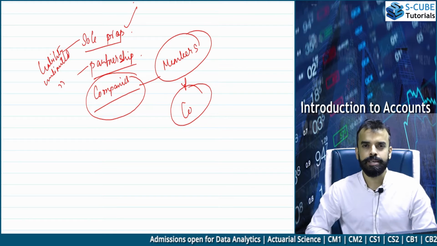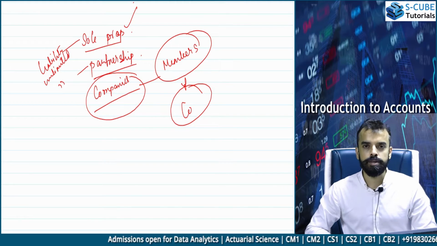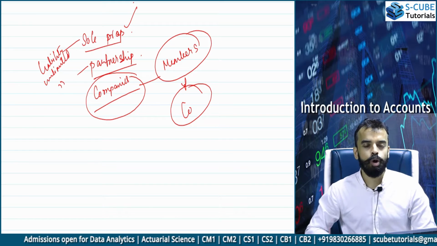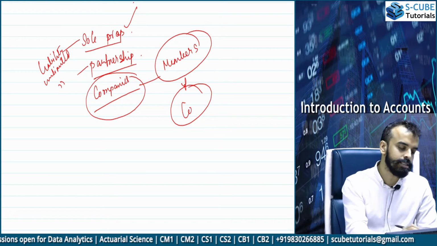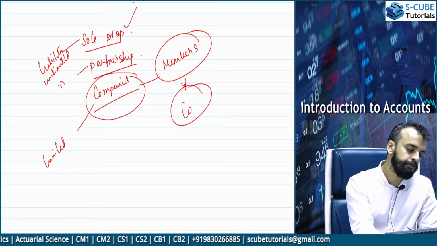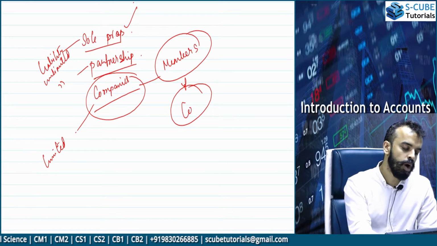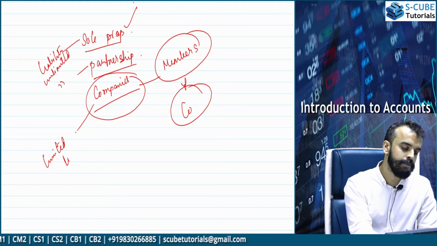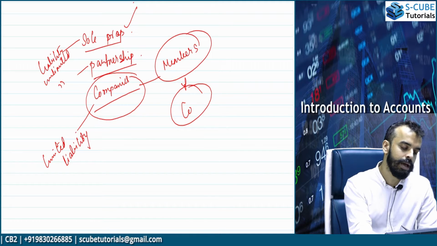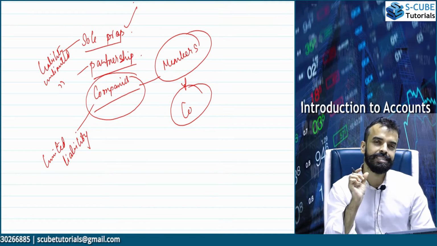Whereas in a company, the members' liabilities are always limited, and hence companies also differ from proprietorship and partnership from the perspective of liability. The members' liability towards the liabilities of a company is always limited.